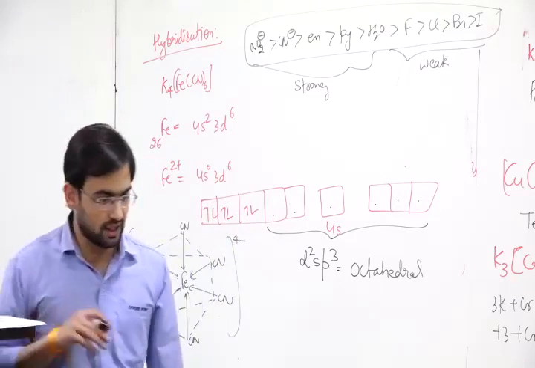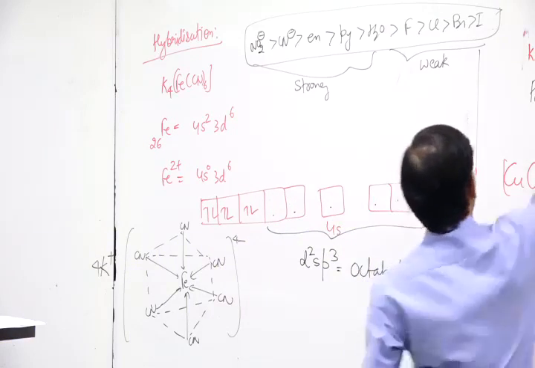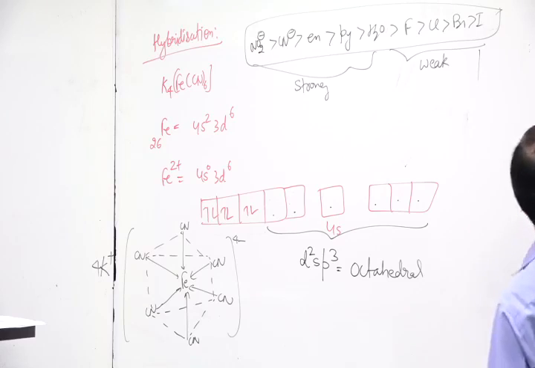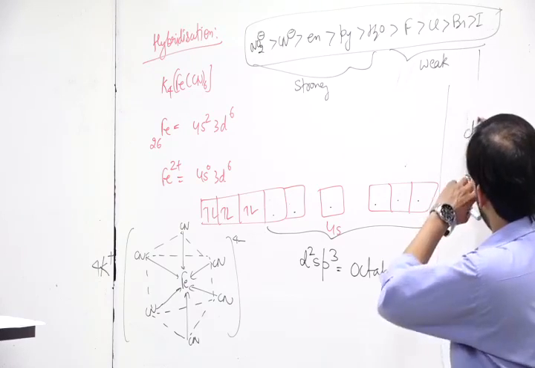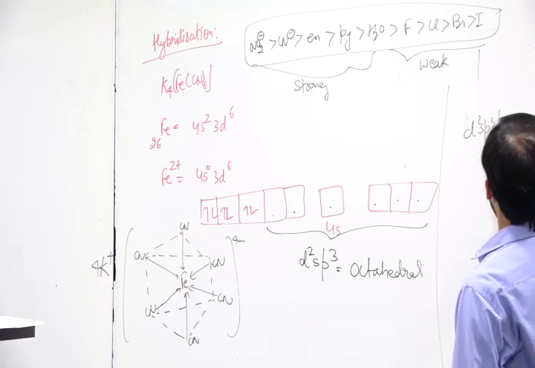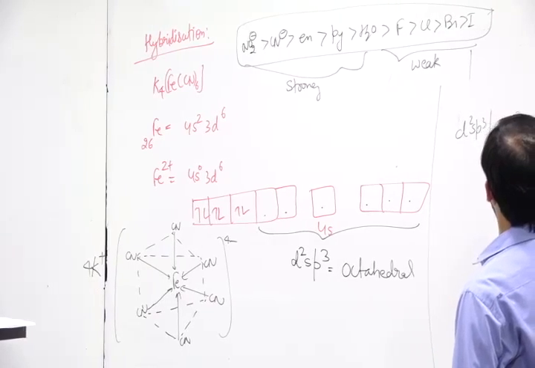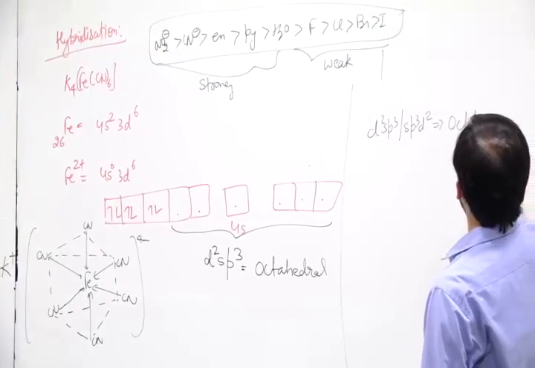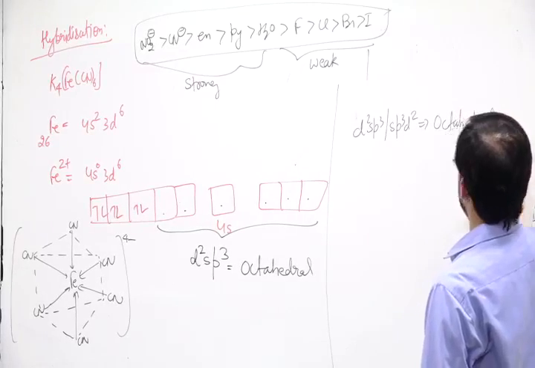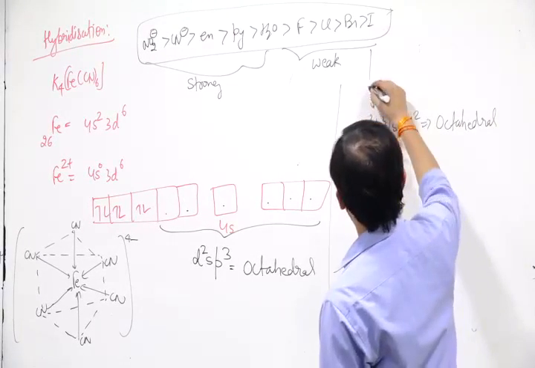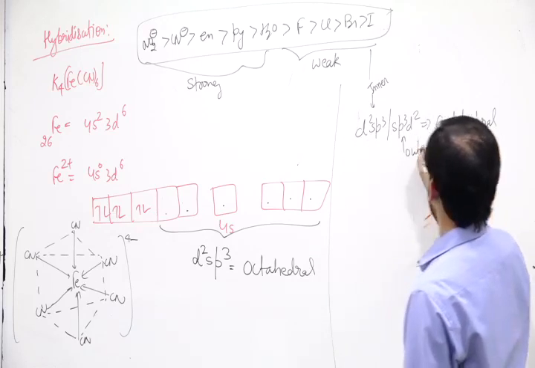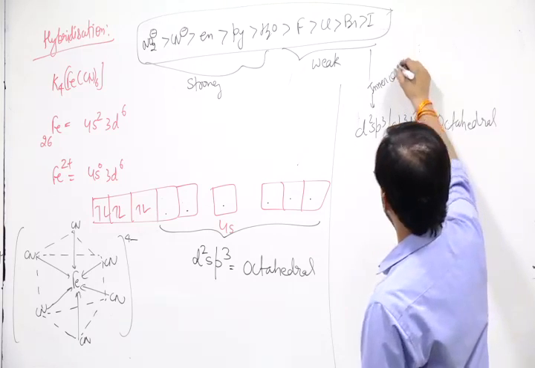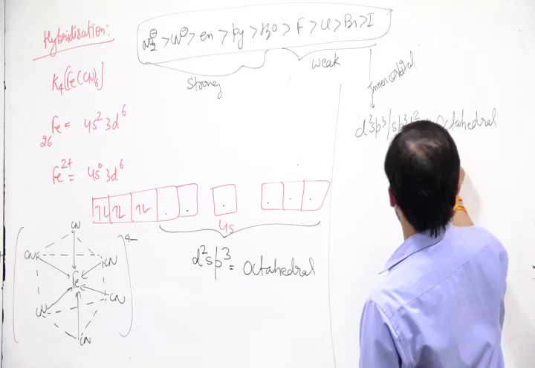So there are basically 4 types of hybridizations, which are as follows. d2sp3 or sp3d2 both will give you octahedral, but this will give you inner orbital, this will give you outer orbital.